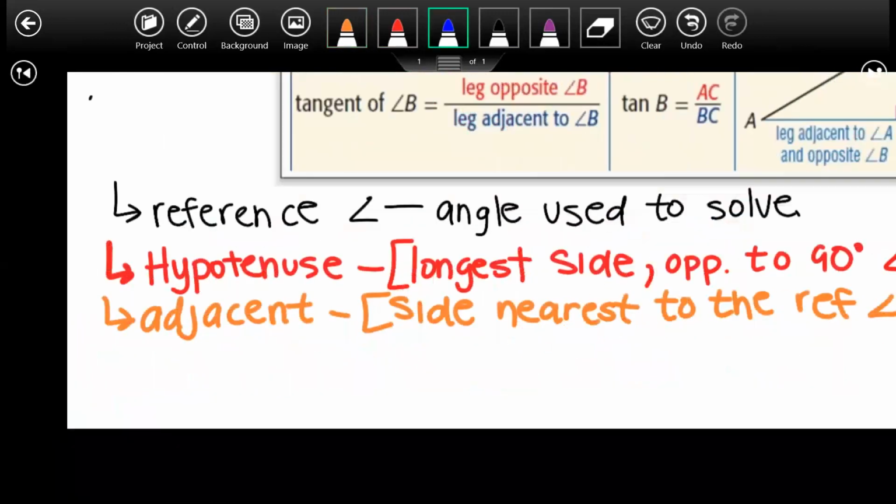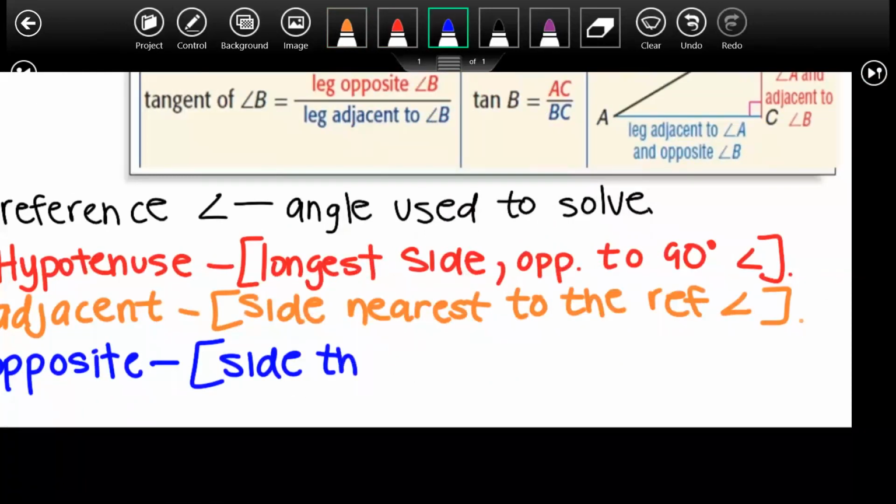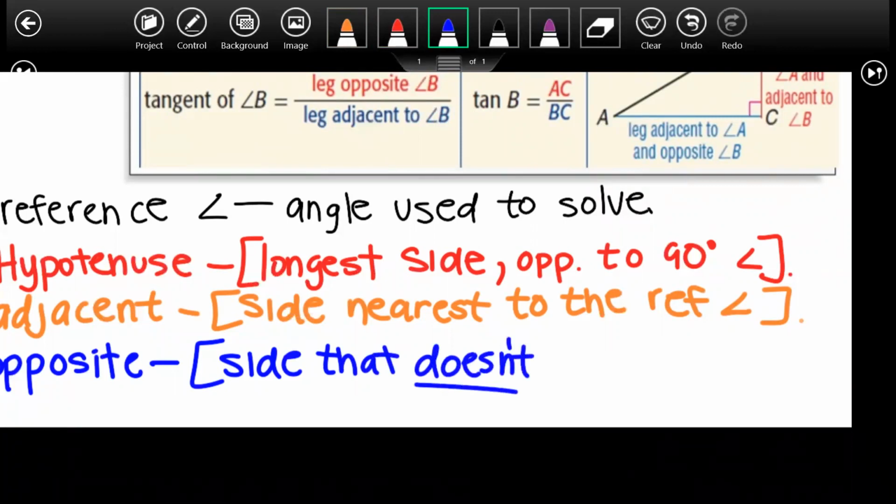And then the last one, which is opposite, the side that doesn't touch the angle. We good?